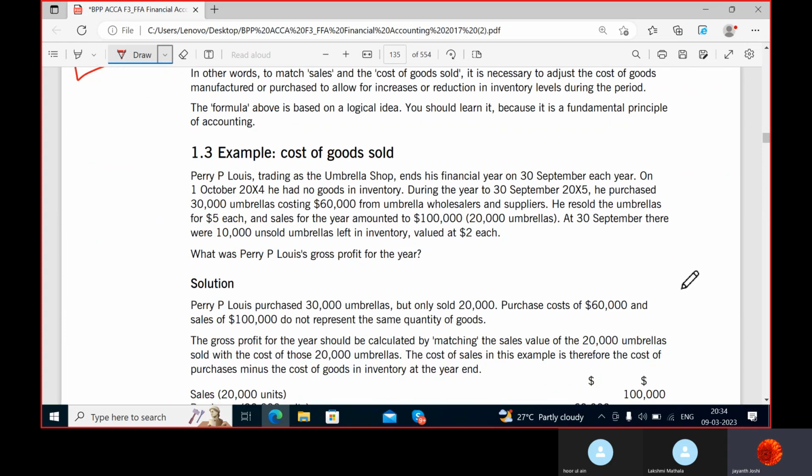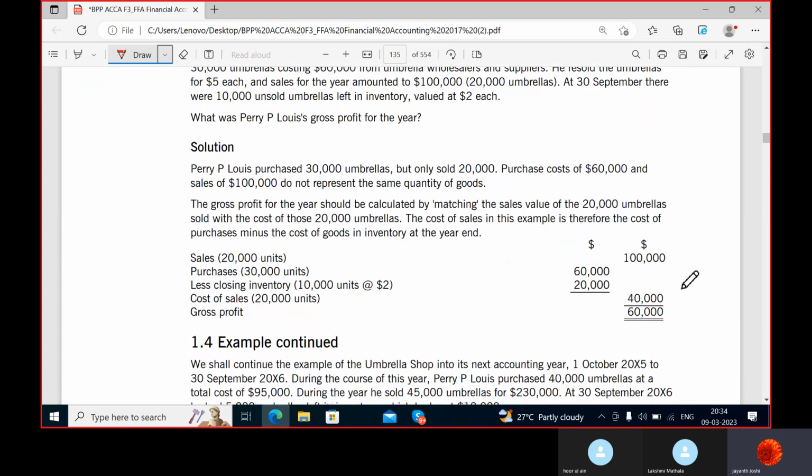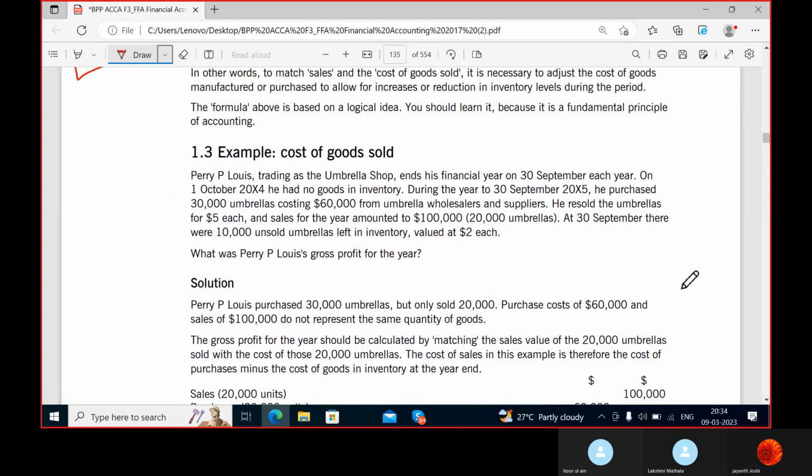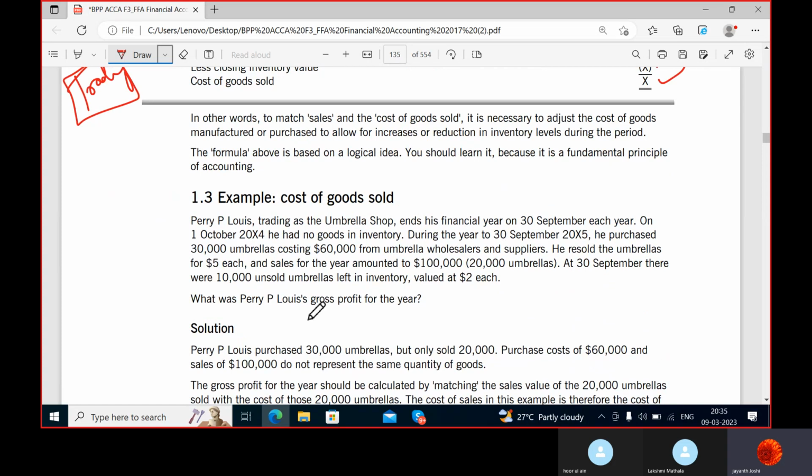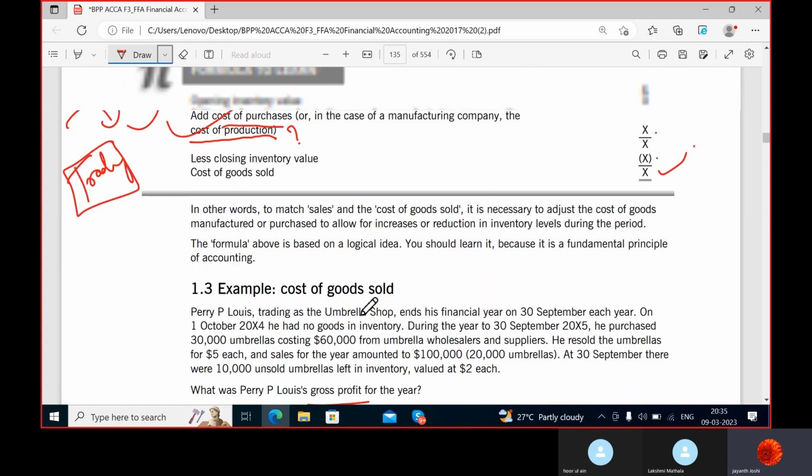There is a question here. I would like you to find out the COGS for this question fast. No, they're asking for gross profit. So I want you to find out the gross profit for this question. Do this.